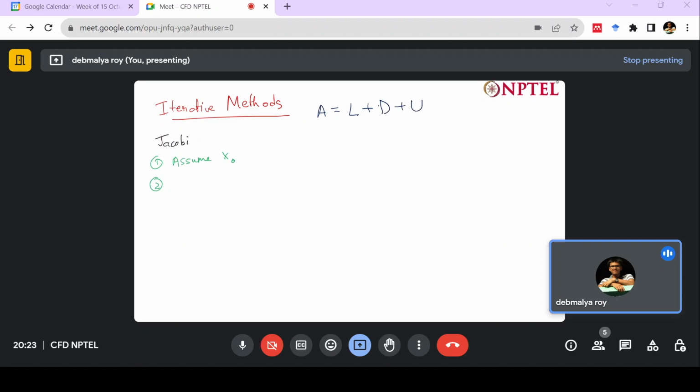So D contains all the diagonal terms, L contains all terms below the diagonal, and U contains all the terms above the diagonal.